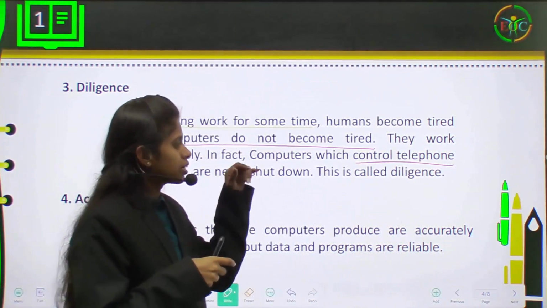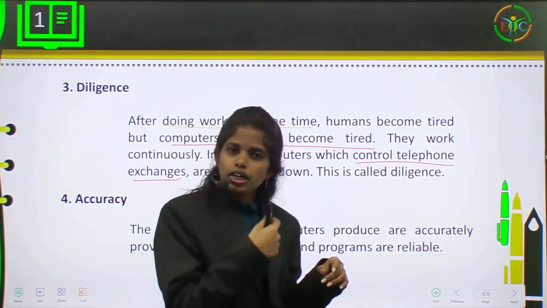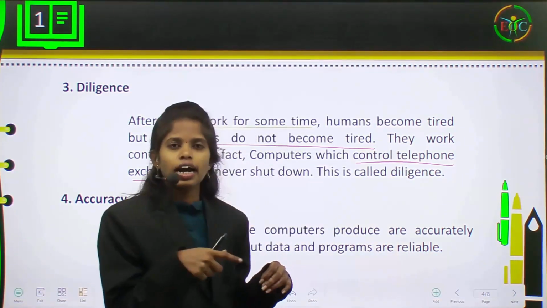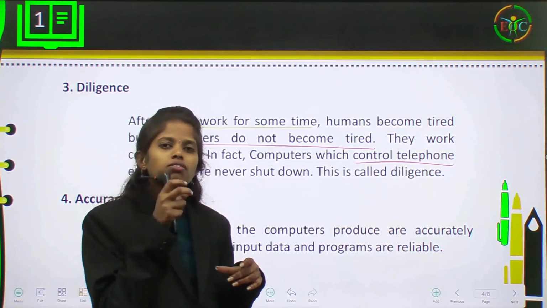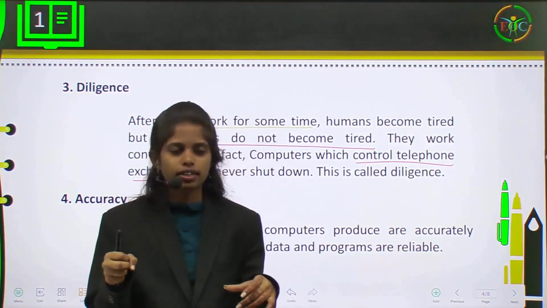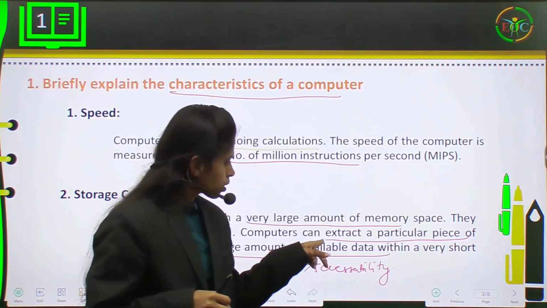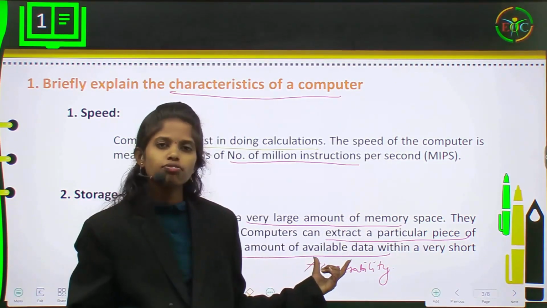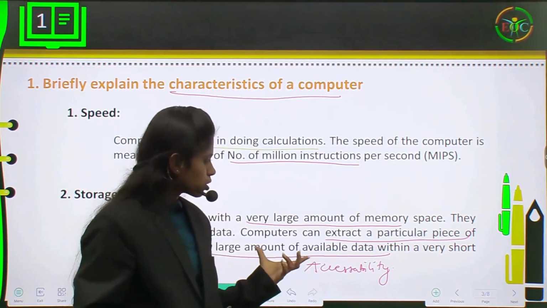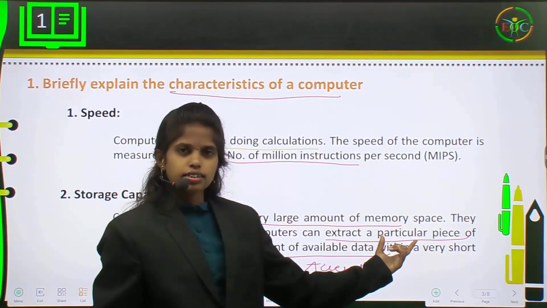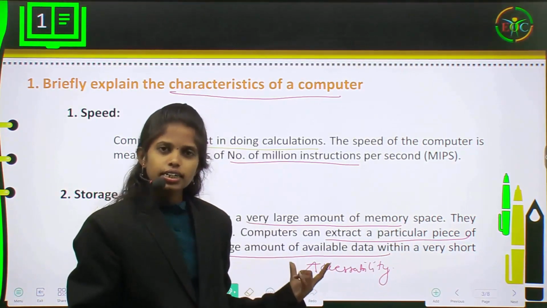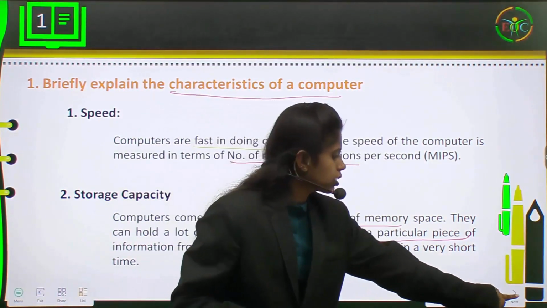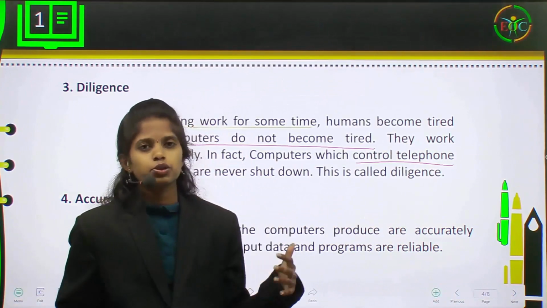And the computers work continuously as long as a power supply is given. When all these things happen, do you think that the data that is taken is accurate? For example, extracting a particular piece of information from a large amount of available data. Whatever piece is extracted here, is that the data that you required? That is what we are talking about now, something called accuracy.